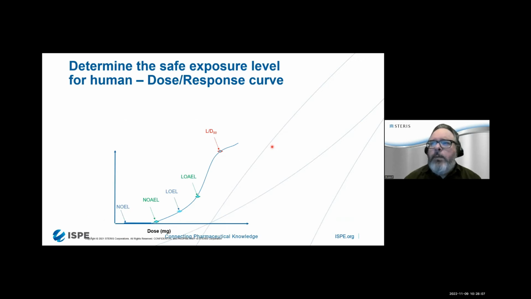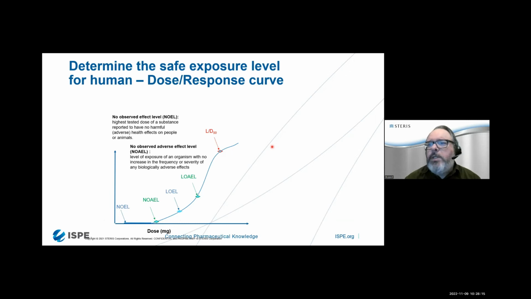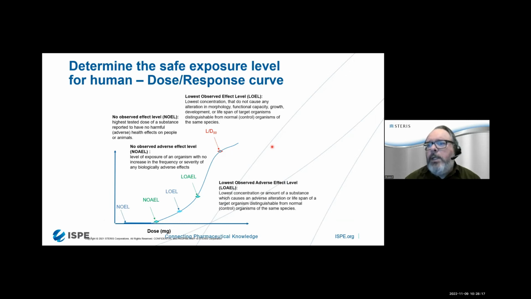Now, when you're working off a point of departure, it's based on a toxicity evaluation, and it's generally based on a NOEL value, which is a no observed adverse effect level.